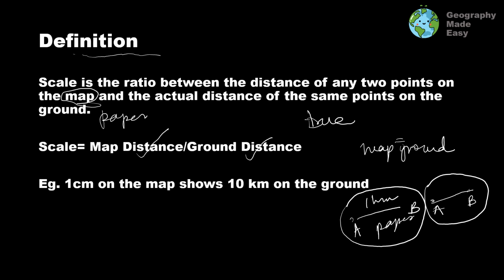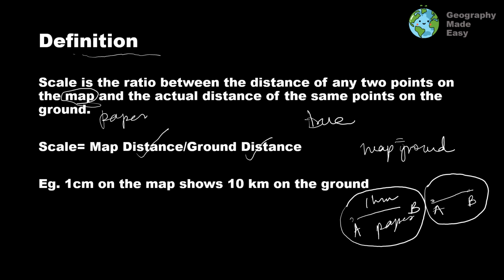I will not be able to get such a big paper, a paper which will cover the entire West Bengal, on which I can draw. Also, it makes no sense because storing or keeping that piece of paper is impossible.